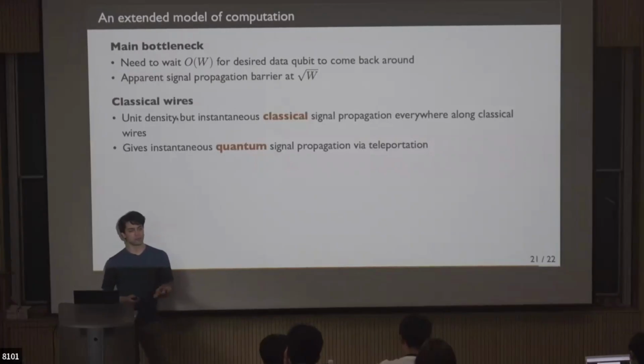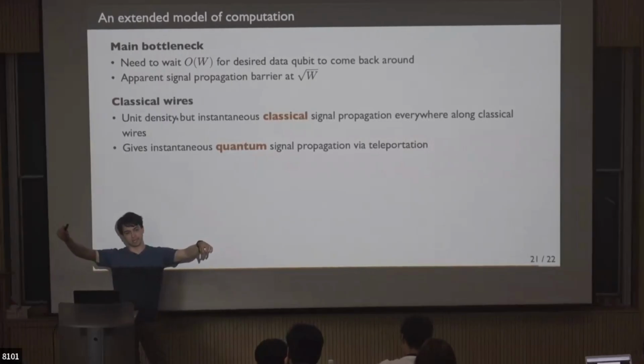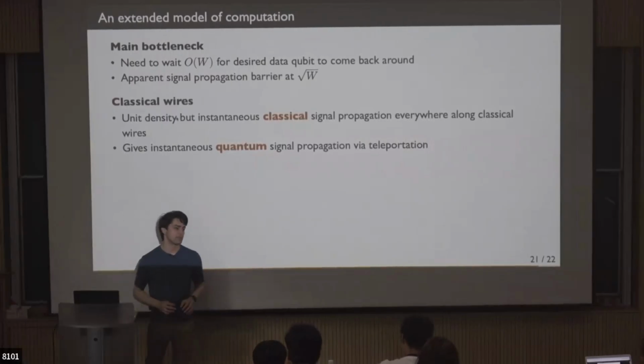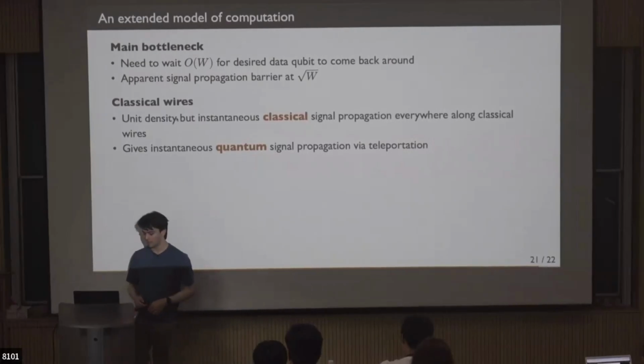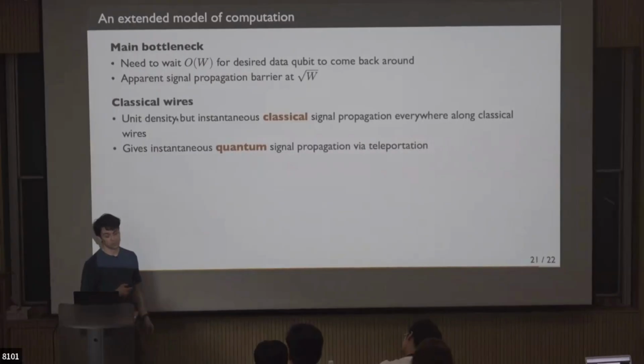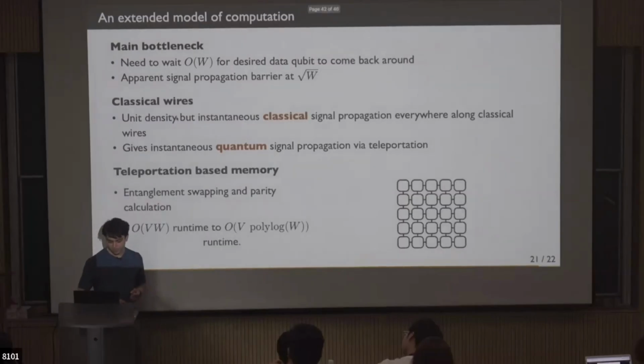So if I have, for example, two points on the chip, I set the wire to be 1, and I get the value 1 instantaneously at the other side. This is approximately what happens in classical computers. And that allows me to do some teleportation, because I can pre-share the entanglement and then use the classical signal propagation to communicate my fix-up operation.